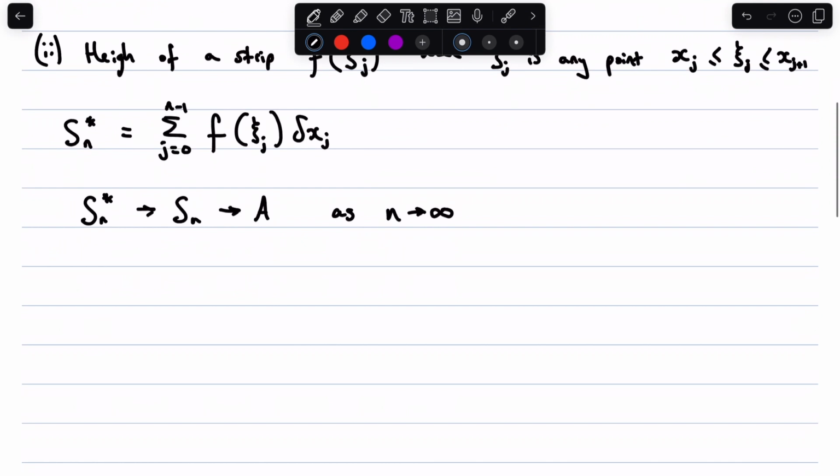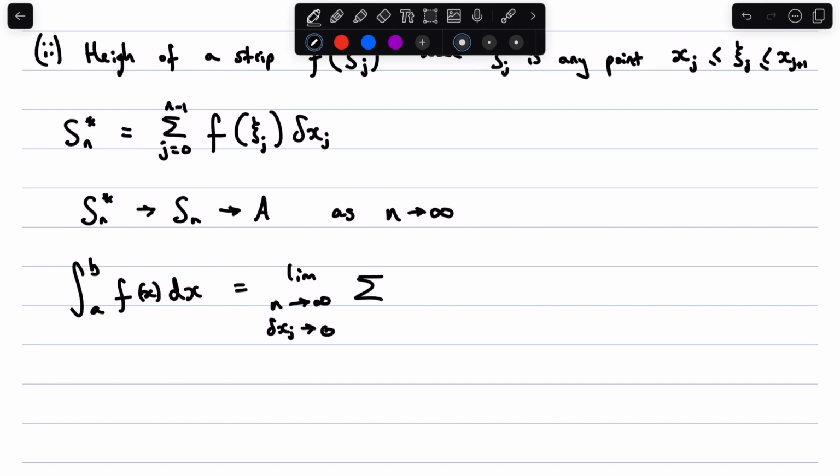And so we say that this integral of our function f of x between a and b is the limit as n tends to infinity, and therefore delta xj tends to 0, of the sum from j equaling 0 to n minus 1 of f of psi j delta xj. And that would be our definition, and it's the integral of f of x between a and b.